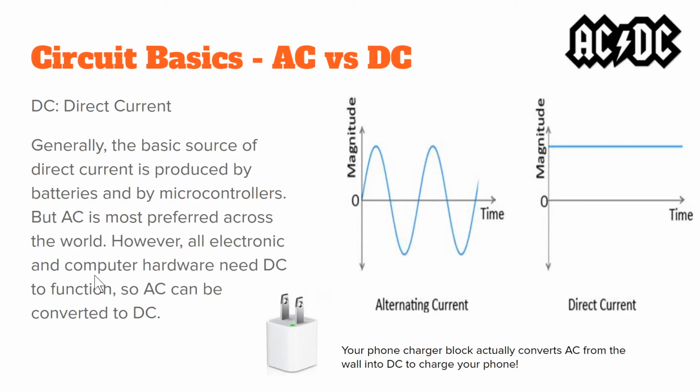And then DC is like the basic source, and it's produced by batteries and microcontrollers. But AC is more preferred because it's safer, and you can deliver way higher voltages with alternating current. But all electronic and computer hardware uses DC to function. So this little cube that your phone comes with actually converts AC to DC, so your phone can charge.